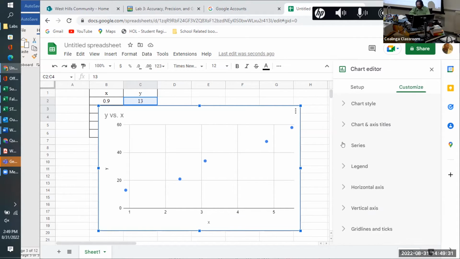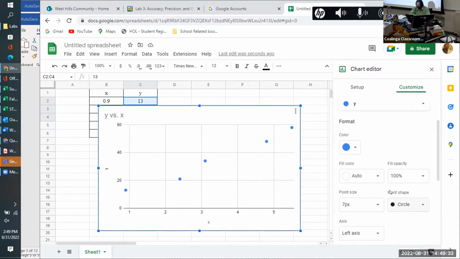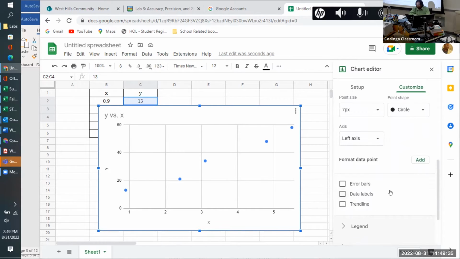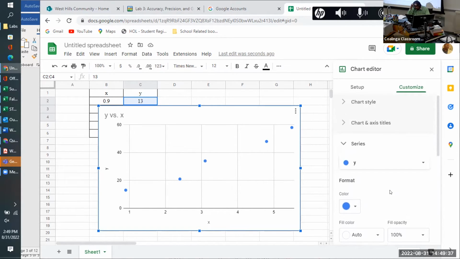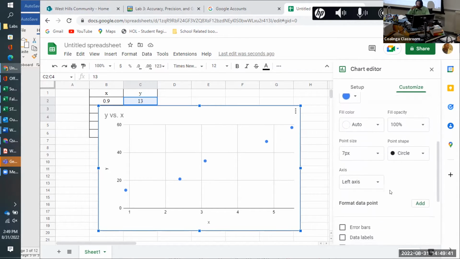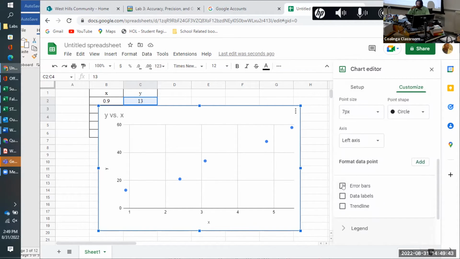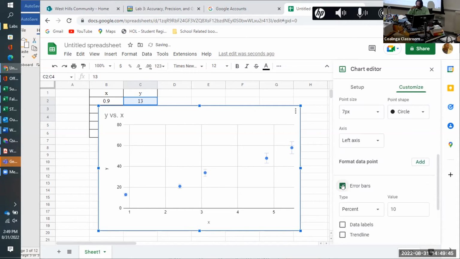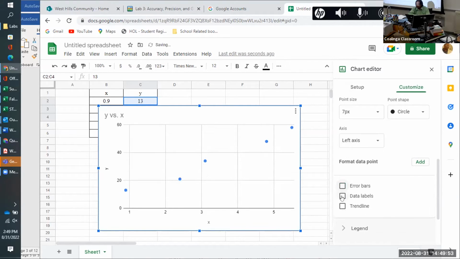It's been a while now. So if you go under customize, under series, you can allow it to enter error bars. These error bars are based upon percentages. You can have it label your data points. And then you can add a trend line.